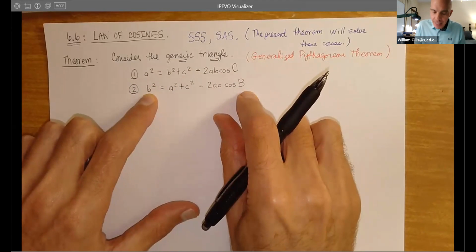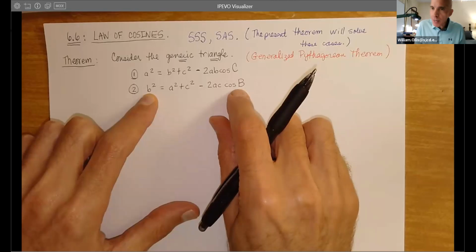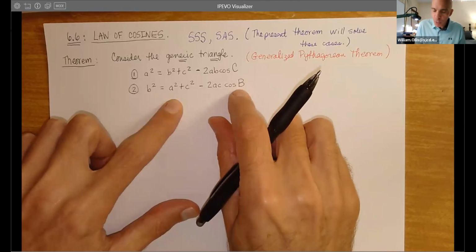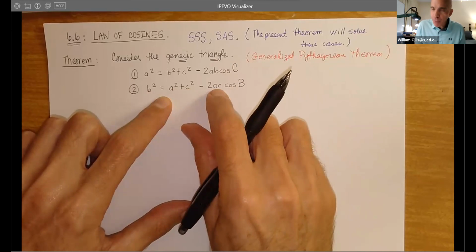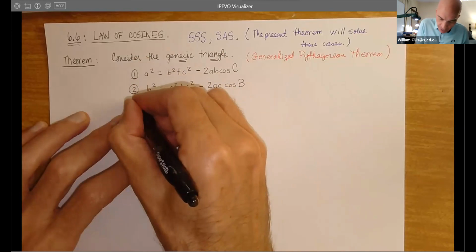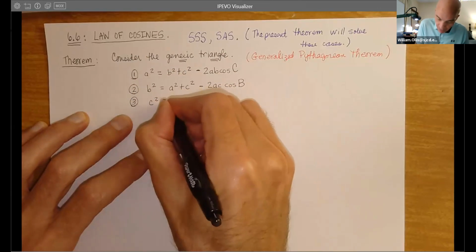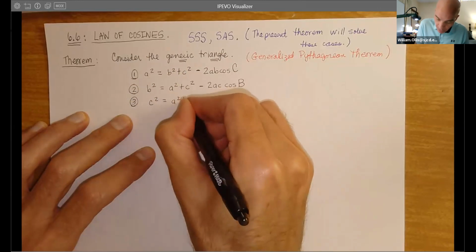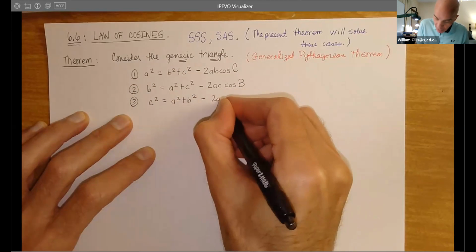The side here, lowercase b, and the opposite angle goes with the cosine. So that's easy to remember. And then of course the ac here, we see the ac in the product here. So it makes it simple to remember. And then the third case would be c squared equals a squared plus b squared minus 2ab.